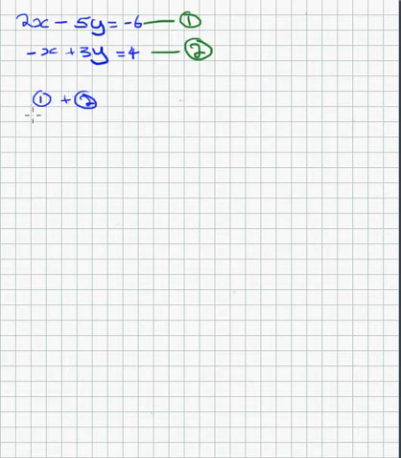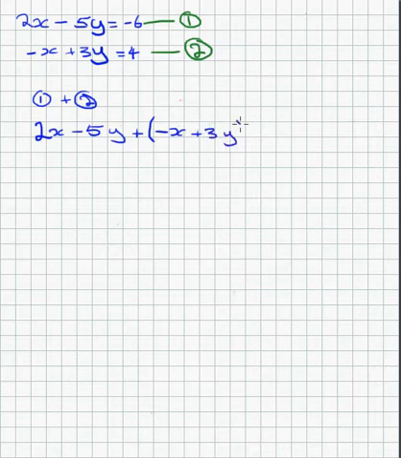So by doing so, we get the left-hand side of our first equation, 2x minus 5y, and we add to that the left-hand side of our second equation, minus x plus 3y, equals the right-hand side of our first equation, that's minus 6, plus the right-hand side of our second equation, which is 4.